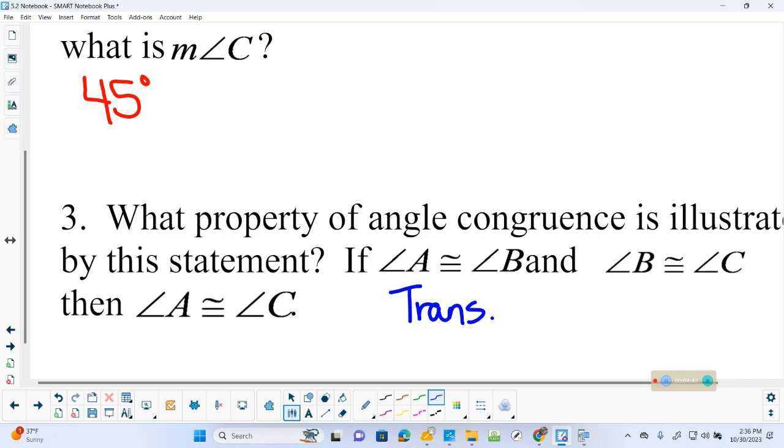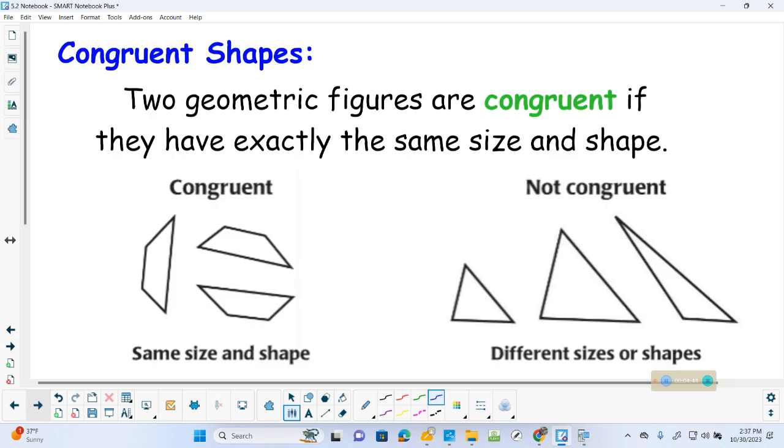There is a proof today, a proof singular. Now, a couple things you're going to have to write on the blank here, nothing too crazy. To me, this is one of those, well, duh, okay. Congruent shapes. 2 geometric figures are congruent if they have exactly the same size and shape. So clearly these are congruent. They just maybe rotated some of them around to be fancy.